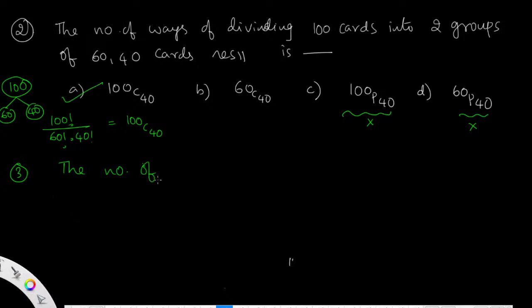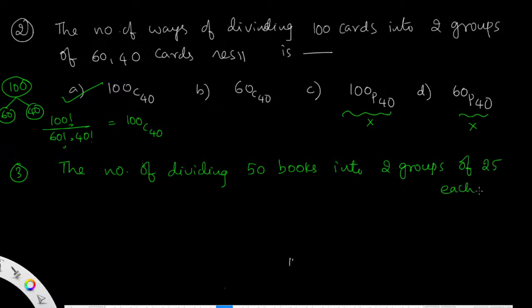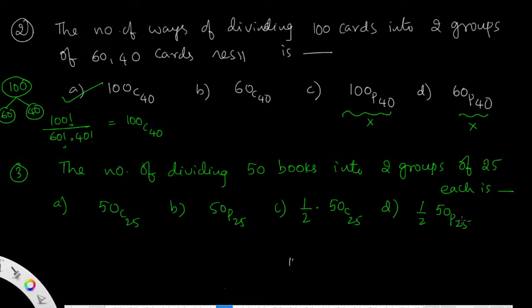Okay, third question. The number of ways of dividing 50 books into two groups of 25 each is dash. Options are given: 50C25, 50P25, 1 by 2 into 50C25, and 1 by 2 into 50P25.